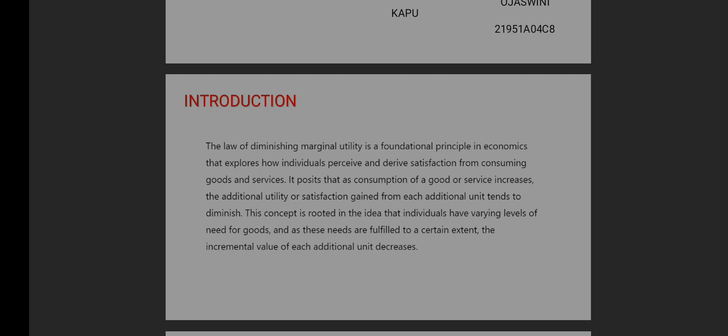It posits that as consumption of goods and services increases, the additional utility or satisfaction gained from each additional unit tends to diminish. This concept is rooted in the idea that individuals have varying levels of needs for goods. As these needs are fulfilled to a certain extent, the incremental value of each additional unit decreases.